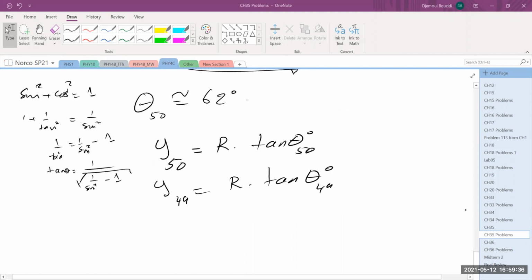So this one is 3.4454 meters. I'm keeping some significant numbers in here because I don't know what the other value is, and I need to find the distance between them. And the other one is actually 2 times the tangent of 61.9, actually not a full 62 degrees.